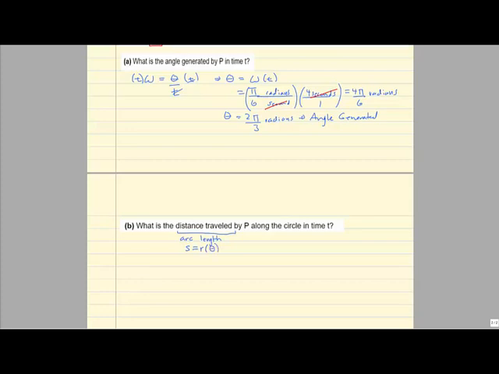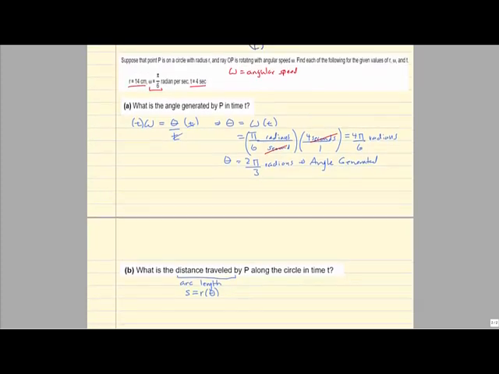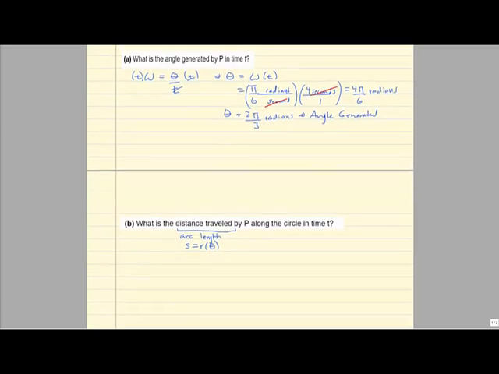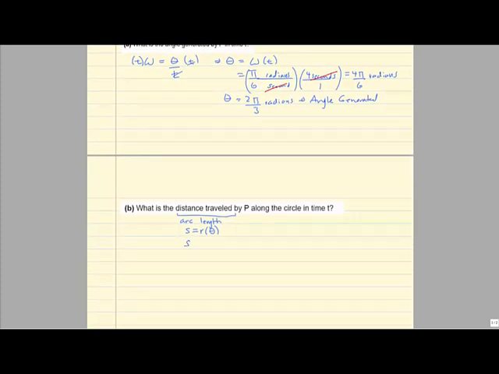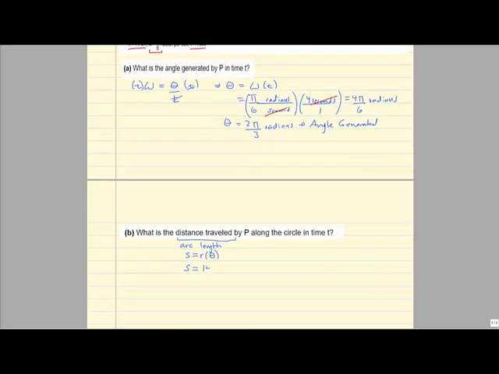If we go back and have a look at our given information, r is 14, it's given to us right here. And theta that we just found was 2 pi over 3. So let's plug that in next. S is equal to r, which is 14, and theta we just found would be 2 pi over 3.